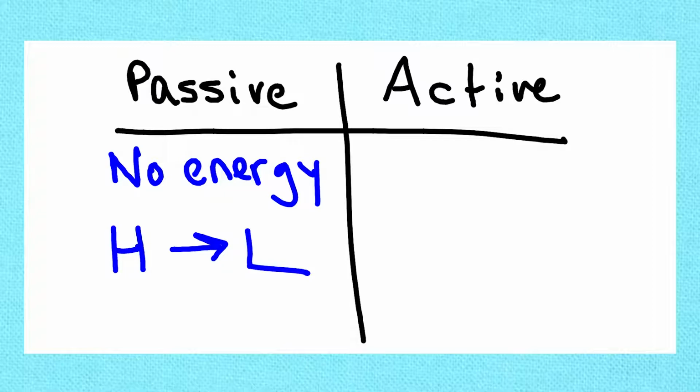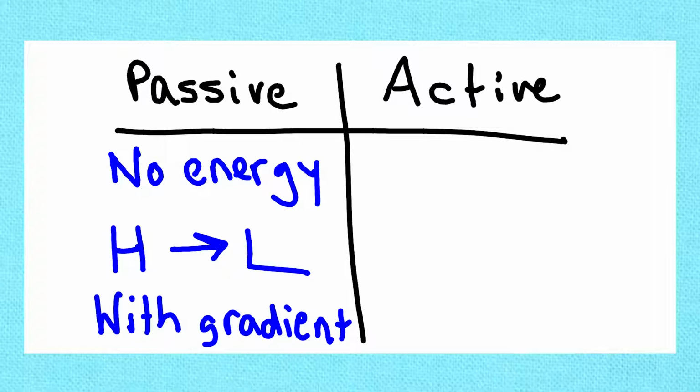It's always going to go from an area of high concentration or high pressure to low concentration or low pressure. It's going to move from high to low across the gradient. In our case, for the body, the gradient is just the cell membrane. The inside and the outside is going to have different amounts of concentrations or pressures. This can also be referred to as going with the gradient. So that's what we already know.